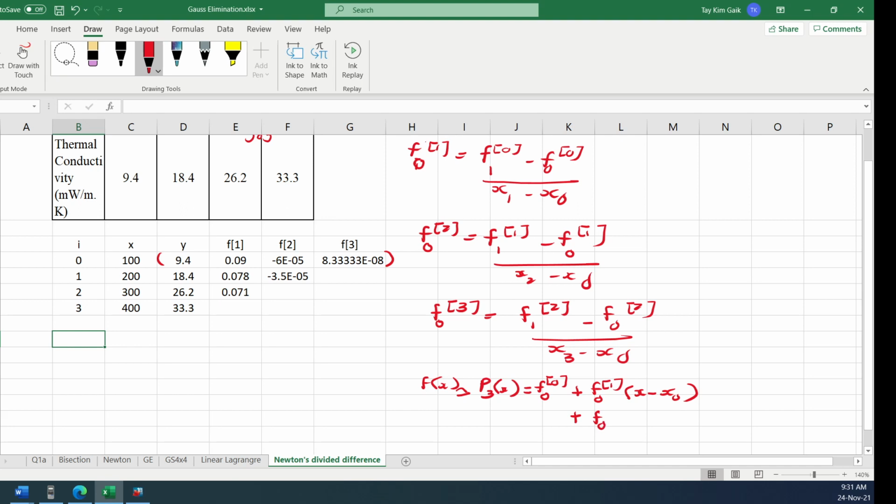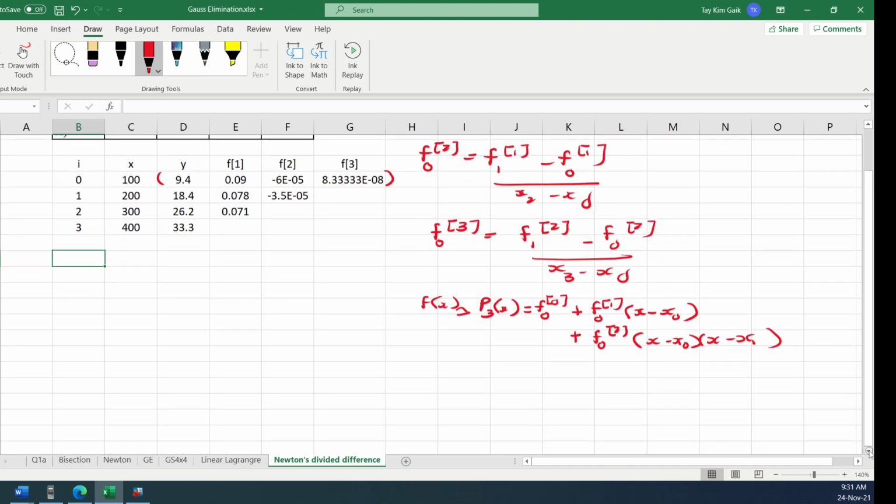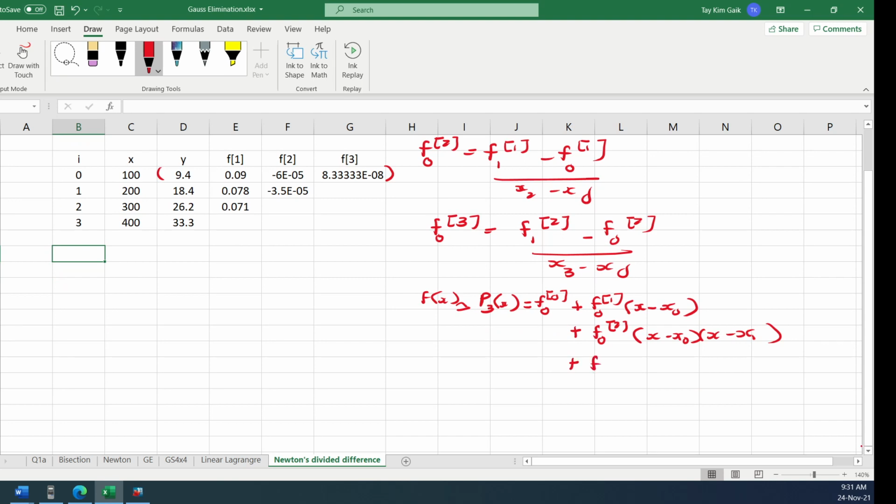Second Newton divided difference multiplies two terms, x minus x naught, x minus x1. Third level Newton divided difference multiplies three terms: x minus x naught, x minus x1, and then x minus x2. So for f at 385, I can put it here.